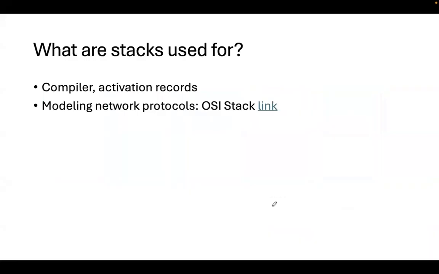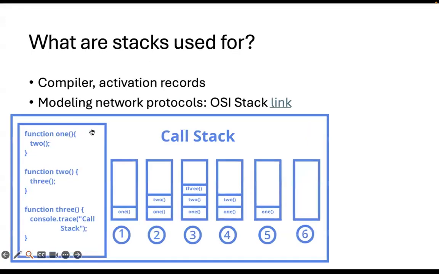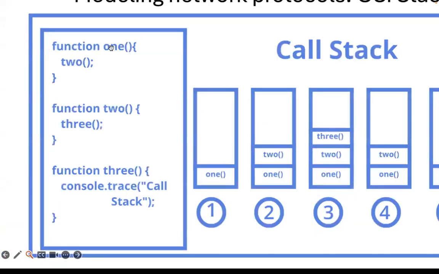In terms of what they're used for, you've been using a stack this whole time. So whenever you run your code, it holds what are called activation records. And so let's say we've got some program here with function 1, 2, and 3.